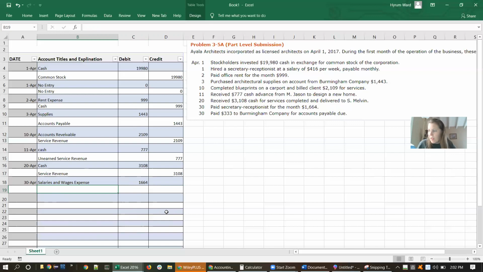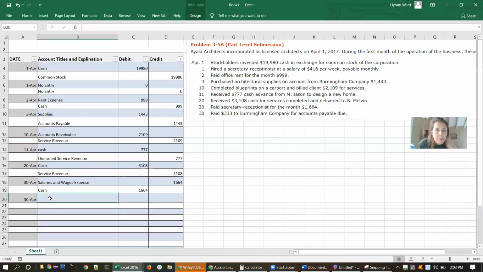And then that would be in cash. Actually, it's going to be a credit here and a debit there.